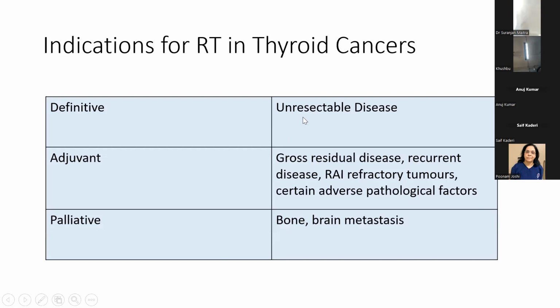thyroid cancers. And this is a broad indication chart showing the use of radiation therapy in thyroid cancers. In the definitive setting, it is mostly used in the unresectable and the palliative setting.